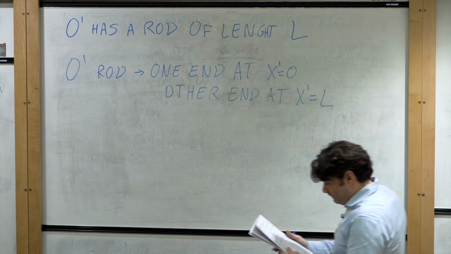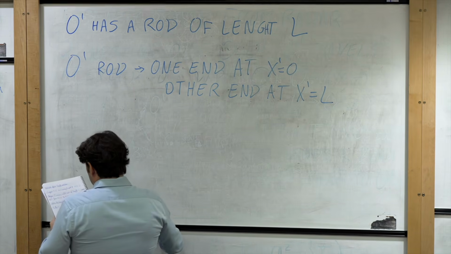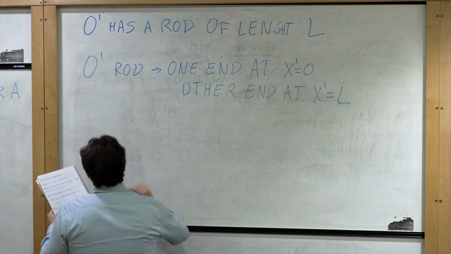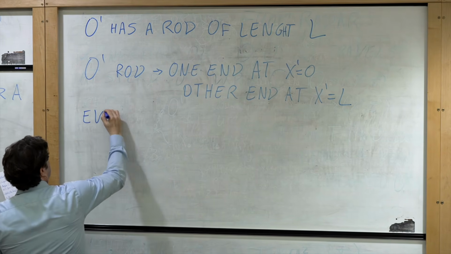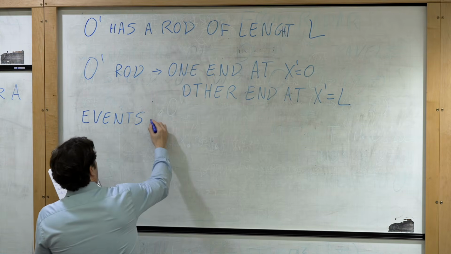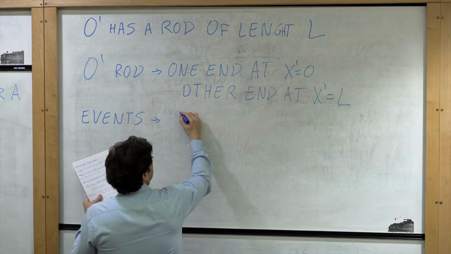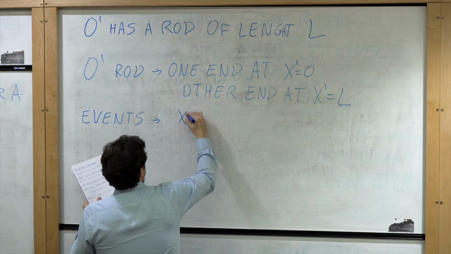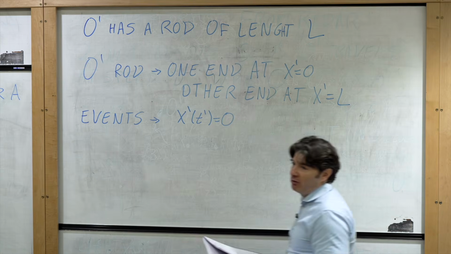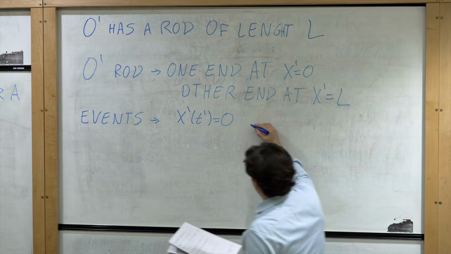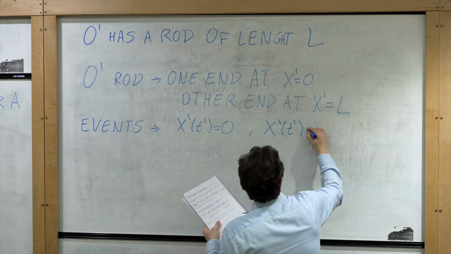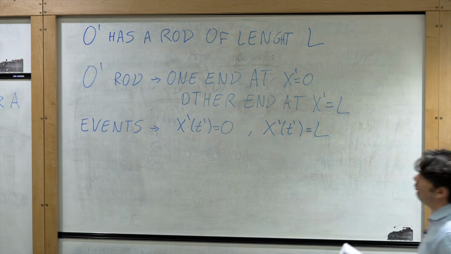Beautiful. So being a bit more precise, we have events of coordinates where x prime of t prime is equal to 0 for all t prime, and then x prime of t prime is equal to L for all t prime.